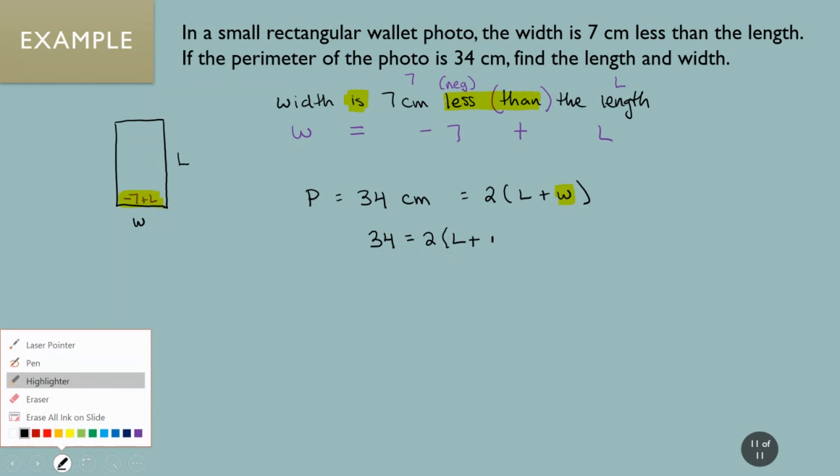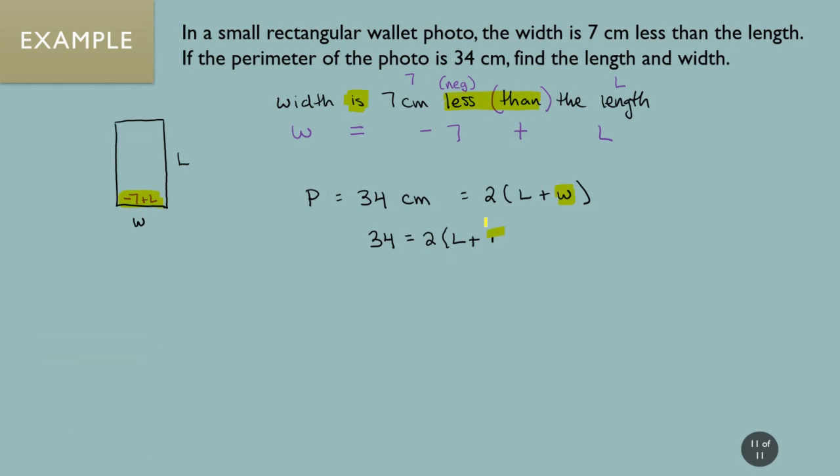I'm going to highlight that so you can see that I've replaced the W, and then that's going to be -7 plus L. So I replaced W with what we said it was equal to, that relationship. So now we have one variable.